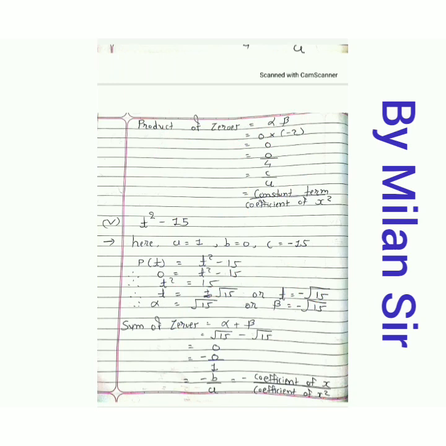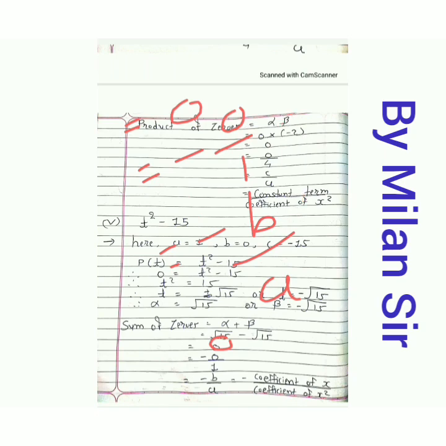So t is equal to plus under root 15, otherwise t is equal to minus under root 15. This is our value of alpha and this is our value of beta. Then the sum of zeros, alpha plus beta, plus under root 15 minus under root 15, becomes 0. So write down 0, then skip the next step and directly write down minus b by a. Put this minus sign as it is. Value of b 0, value of a 1, right?